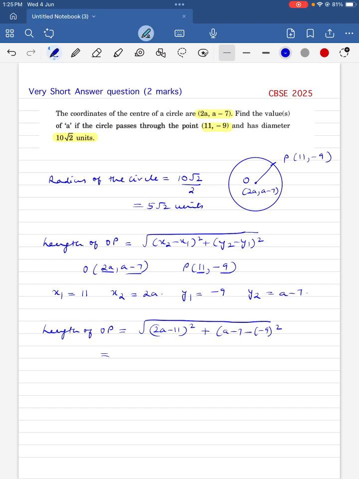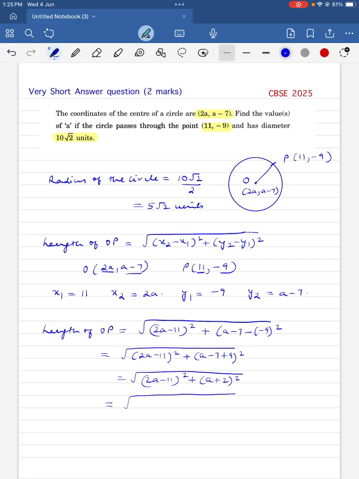That would give me square root of (2a minus 11) the whole squared plus (a minus 7 plus 9) the whole squared, which would be square root of (2a minus 11) the whole square plus (a plus 2) the whole square. Now let me open this up using the identity (a minus b) the whole square and (a plus b) the whole square.